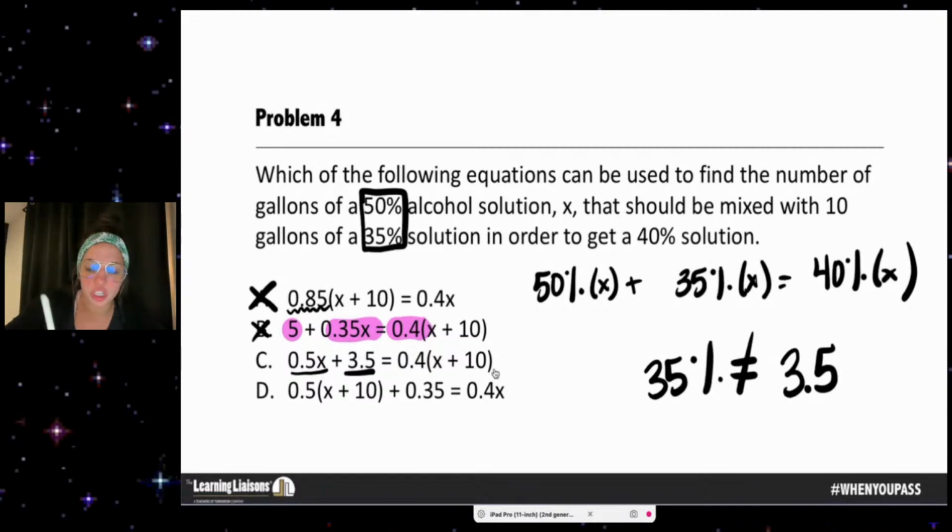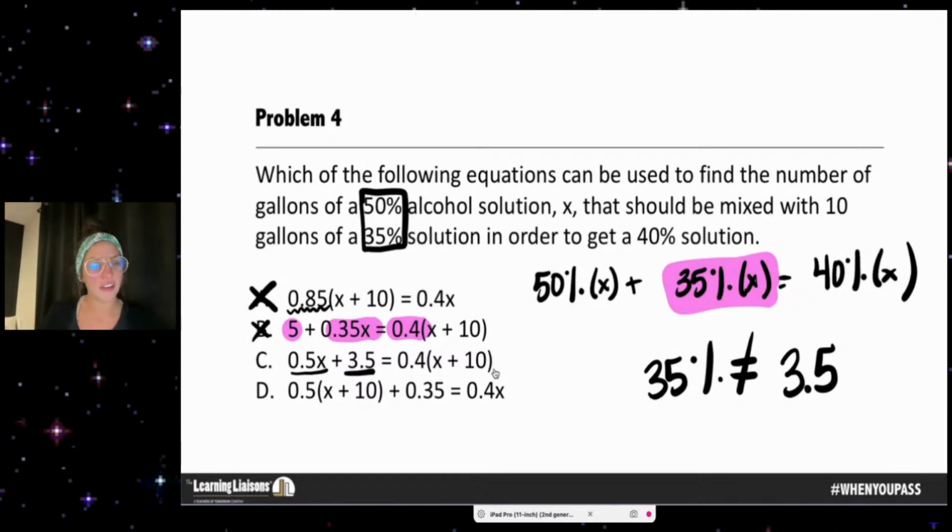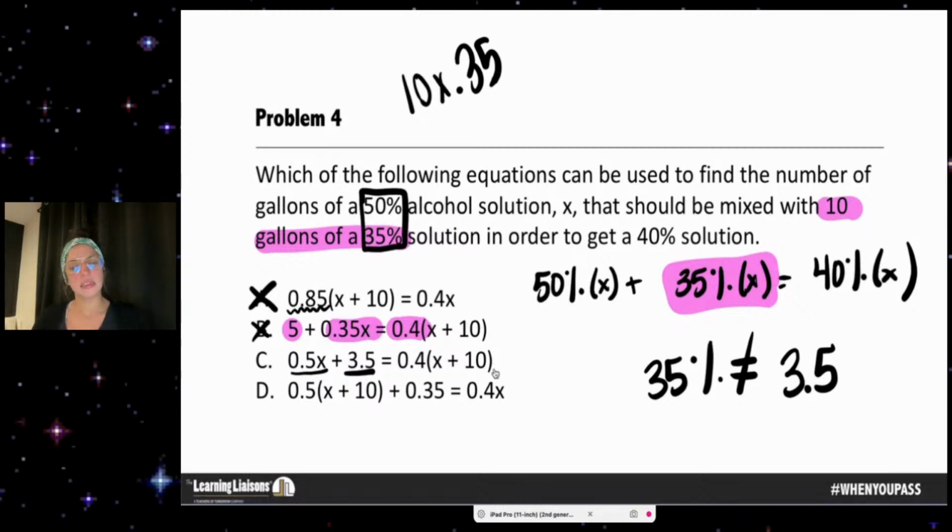However, what we do know is that 35% times X, how much of the 35% solution do we have? 10 gallons. What is 10 times 35%? 3.5.